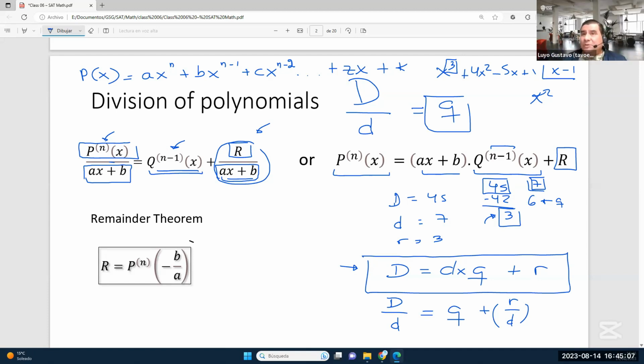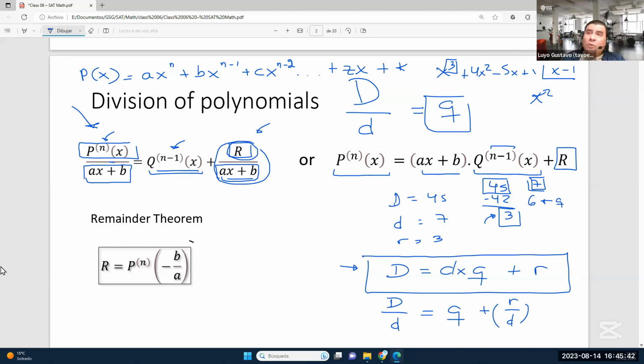But there is something interesting here. There is some theory connected with this that is called the remainder theorem. What is the remainder theorem? The remainder theorem is an observation about the fact that when you do a division like this, you can identify quickly what is the value of this constant r here, which is usually the remainder, right?